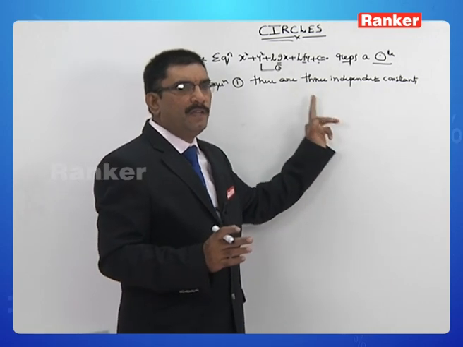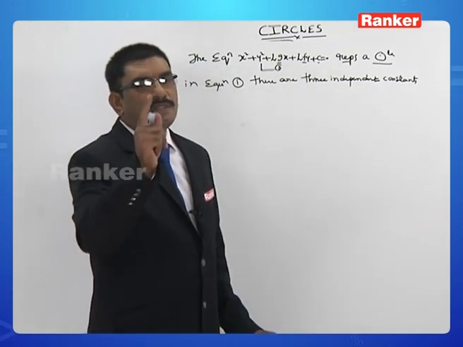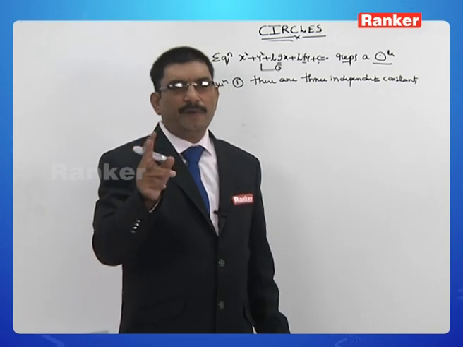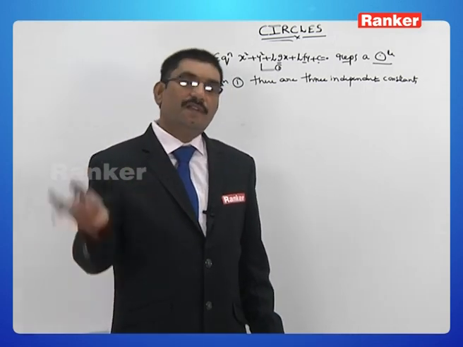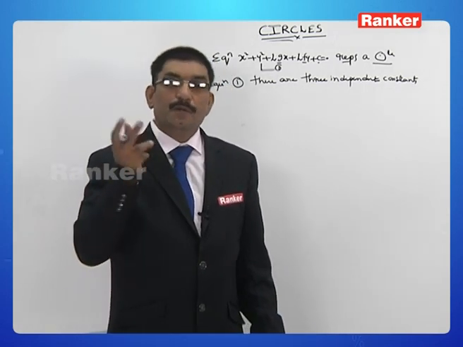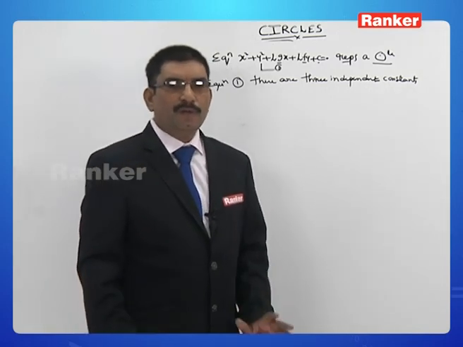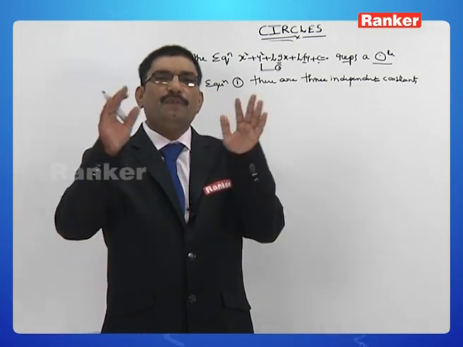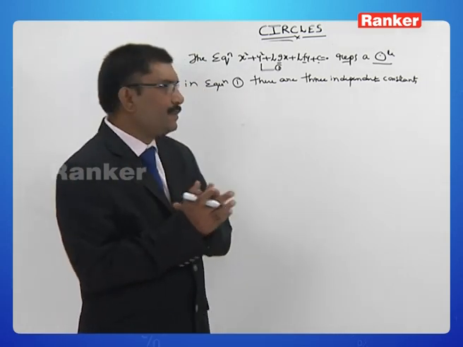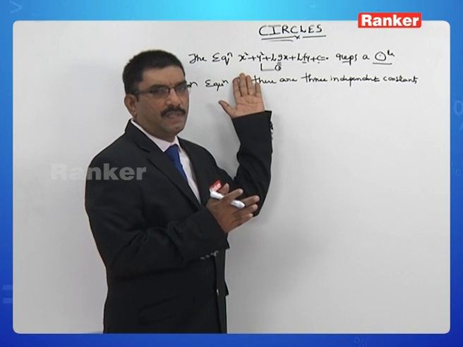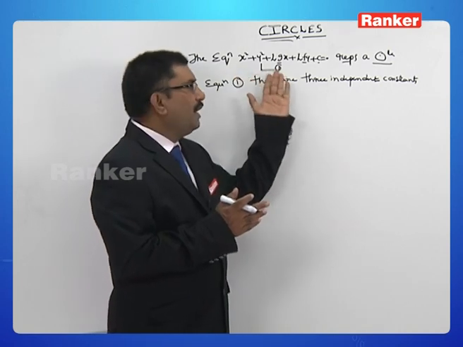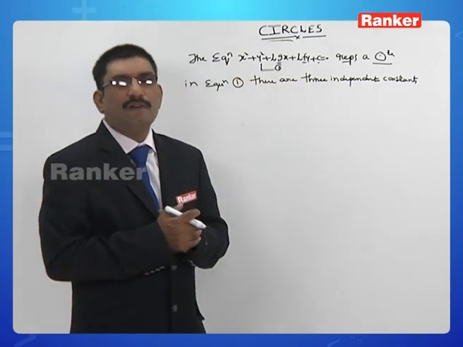To find the 3 independent constants, you must have 3 points on the circle, or 3 tangents to the circle, or 2 tangents and 1 point. So therefore, now we understood how to find the equation of a circle in general form, having 3 independent constants.